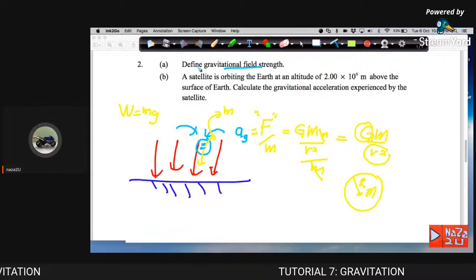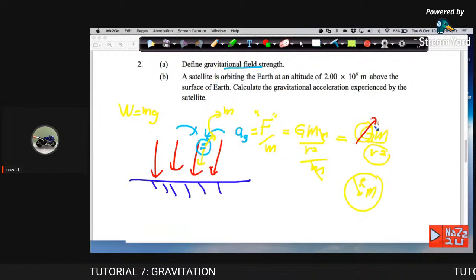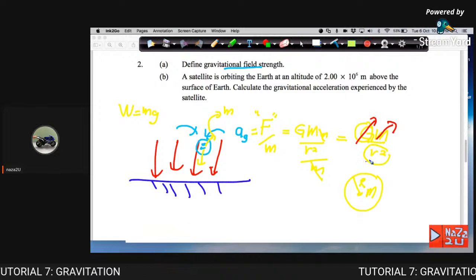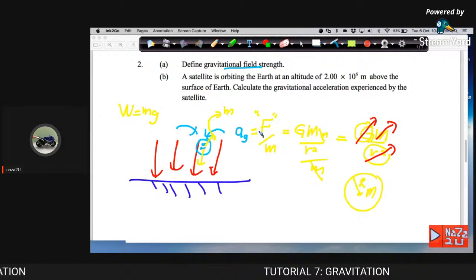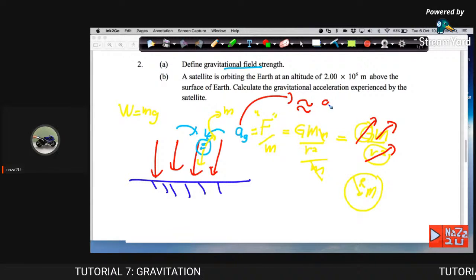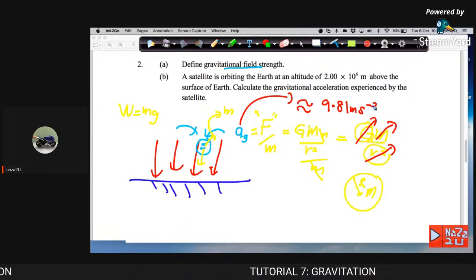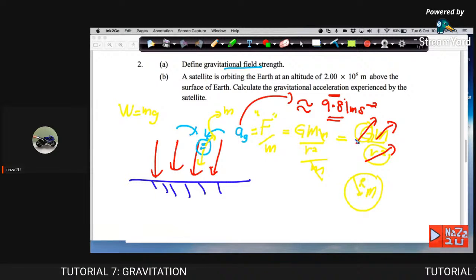Jadi sebenarnya jikalau kamu masukkan nilai G, nilai mass of the earth ataupun jari-jari bumi, kamu akan dapat nilai Ag kat sini, dia merujuk kepada nilai gravity acceleration, right? 9.81. Biasanya lebih kurang sama. Okay.